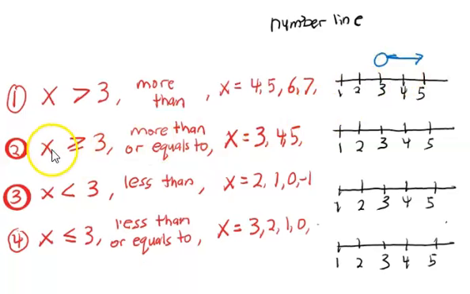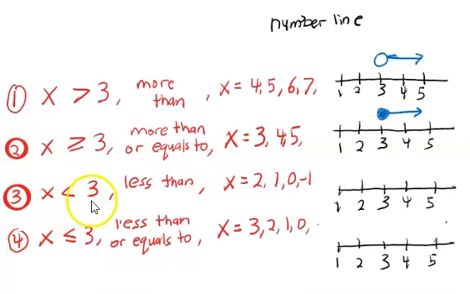Okay, second one, x more than or equals to 3, we have to shade the circle. Remember, if you have more than or equals to, we have to shade the circle. Same thing here.